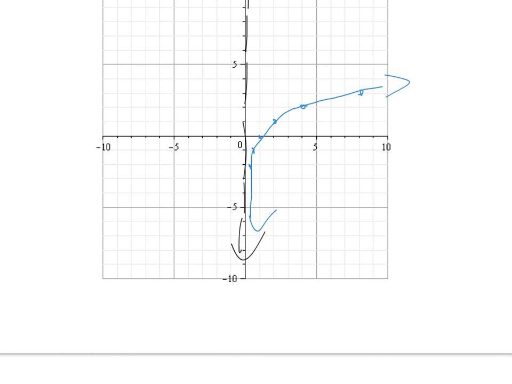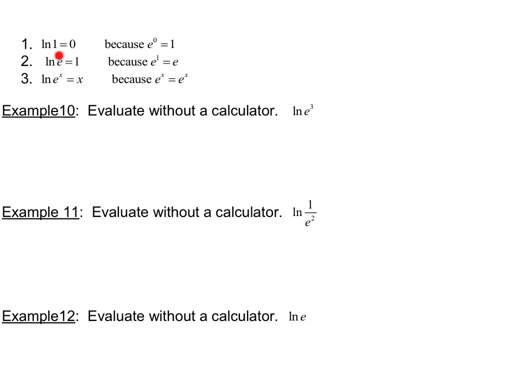Okay, let's keep going. All right, so we're going to use these properties. Natural log of 1 is 0, because e to the 0 is 1. Natural log of e is 1, because e to the first is e, and natural log of e to the x is x. So see how here we have natural log of e to the third. What's the exponent? So it's 3. Because if I set this equal to x, and I changed it, natural log is log base e.